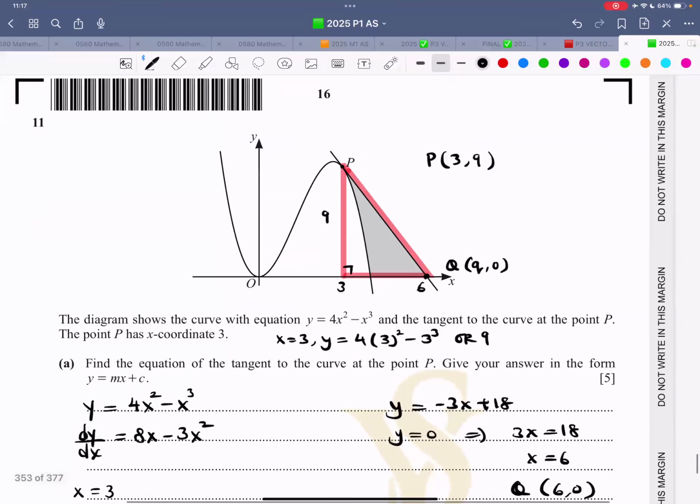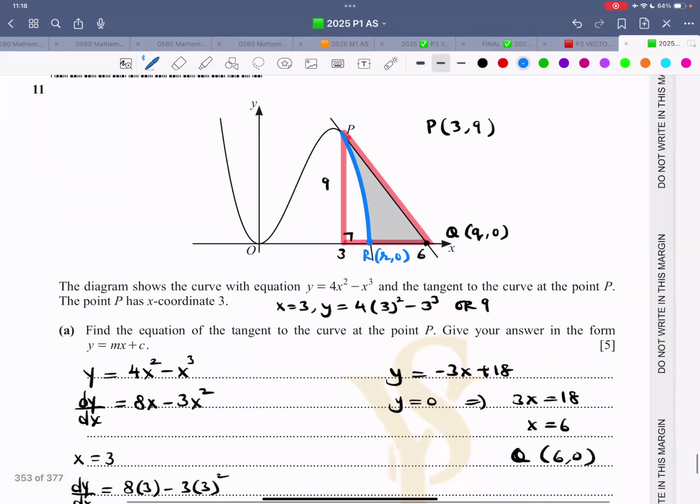What else is there? Area under the curve. So what do I need? I need this thing. So let me just darken this thing. Okay. So hold for a second. I need this coordinate. I don't know what it is, but of course I can find. So let me call this point R, small r, comma 0. So curve meets x-axis, not y-axis.